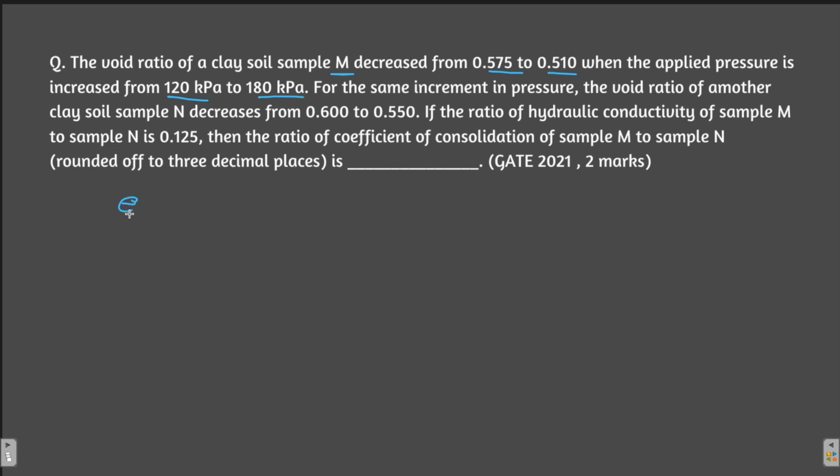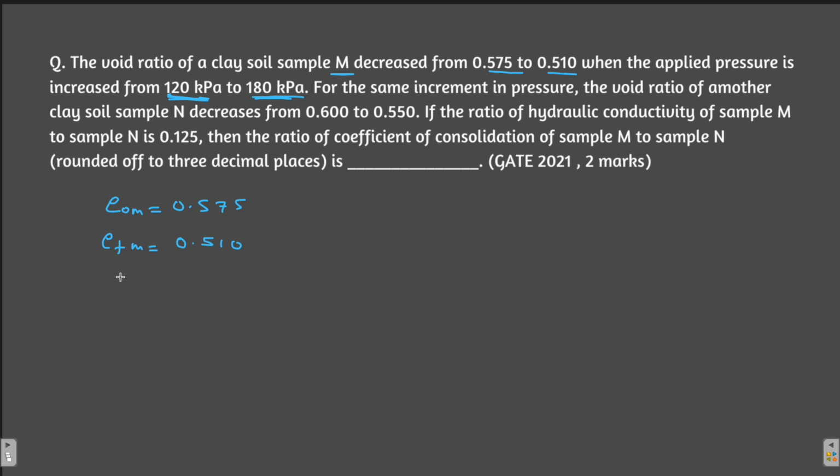E naught is the initial void ratio of soil sample M. So E naught of M is 0.575, right? Now E final of M is how much? 0.510. This is the final, when the applied stress increases from 120 kilopascal to 180 kilopascal.